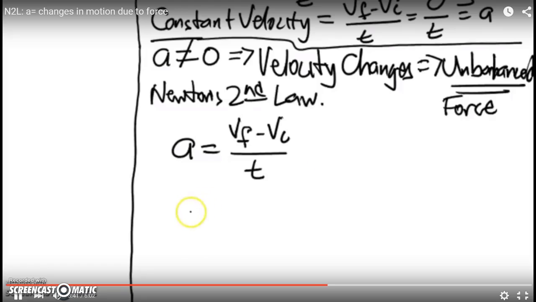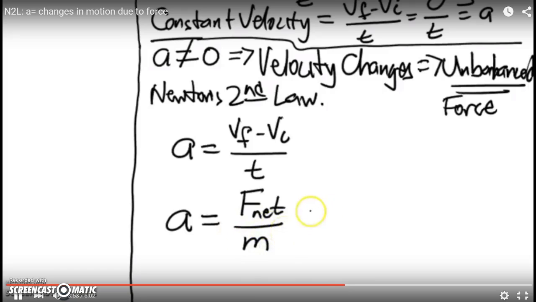In your lab and in the reading, you also saw that acceleration is related to force. How do I get an acceleration? I push on something, I provide an unbalanced force. What resists that change of motion? It's the mass, or that inertia. We could also write that as our sum of forces divided by mass.